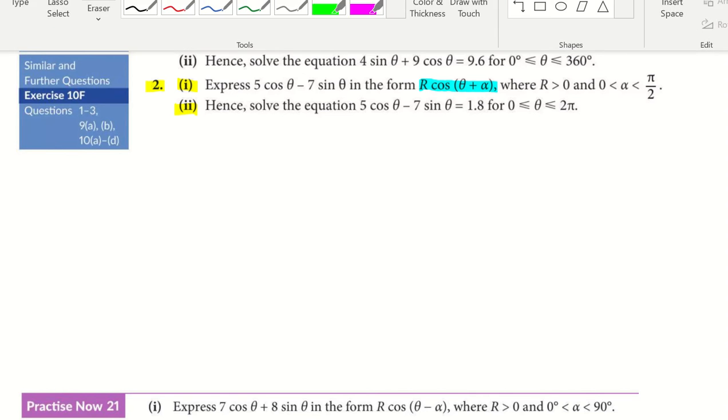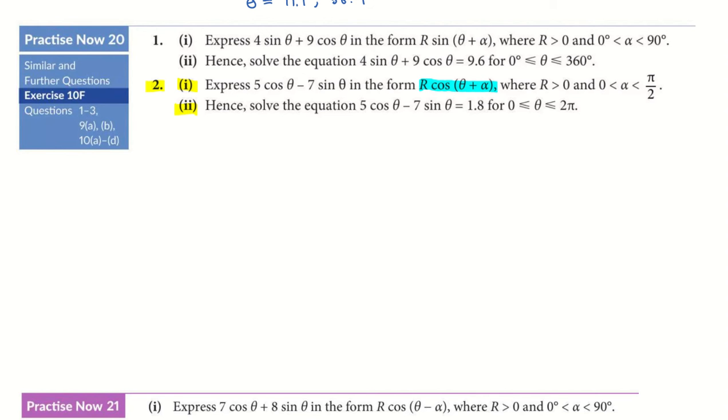Okay, let's expand first. What is R cosine (theta plus alpha)? I will first write this. This is the addition formula.